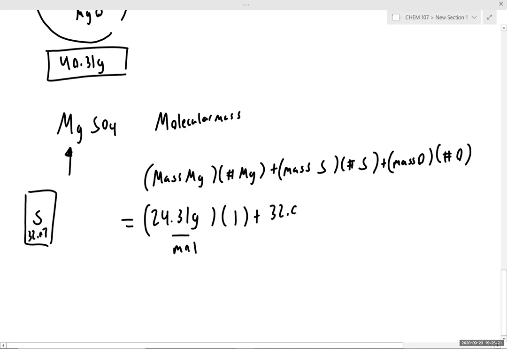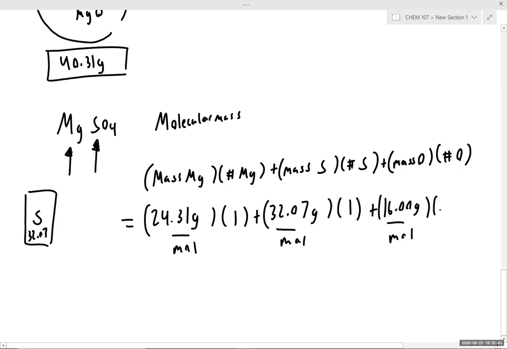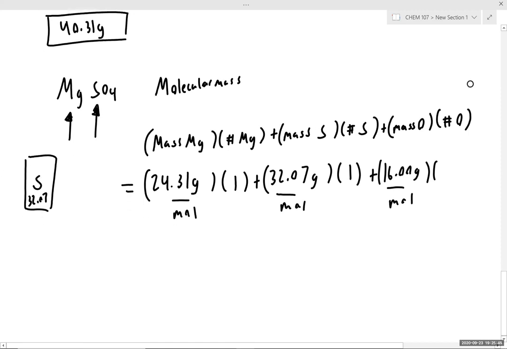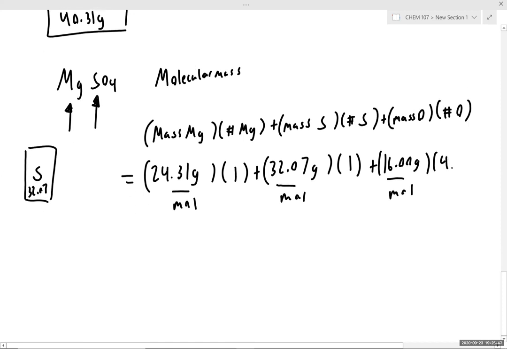So we take our 32.07 gram per mole, and then we multiply it by the number of sulfur atoms. And how many sulfur atoms do we have? One. One, exactly right. For the mass of oxygen, we know it's 16.00 gram per mole. And how many oxygens do we have? Four. 4, exactly.